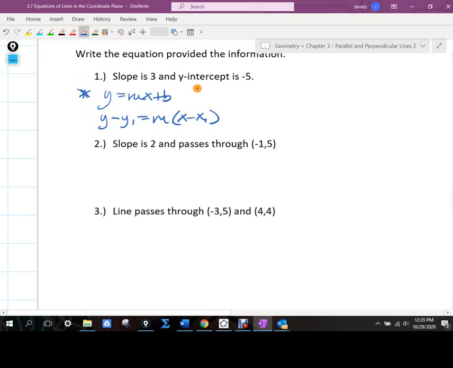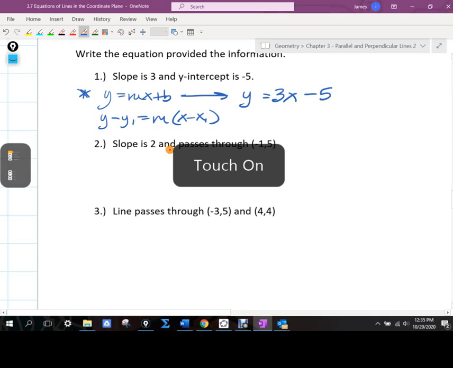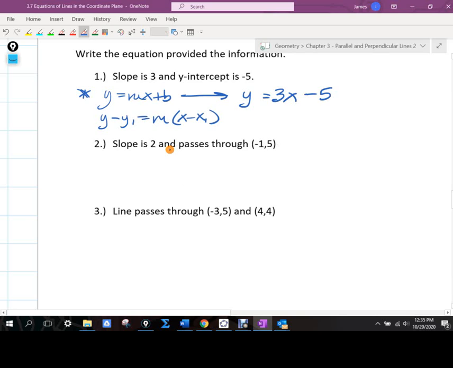Y equals mx plus b. So when they tell me the slope is 3, I can put 3 in front of my x, and now my y-intercept is negative 5. And I've got my equation. That's hopefully something we've seen in the past, a kind of elementary problem to come up with an equation.